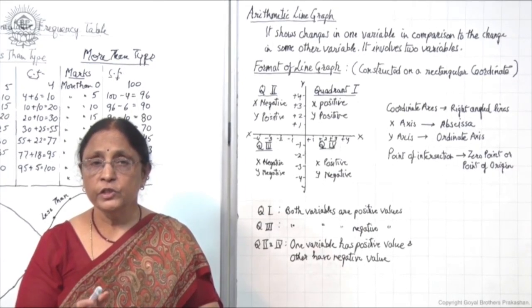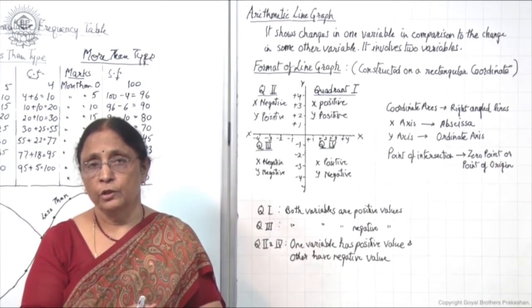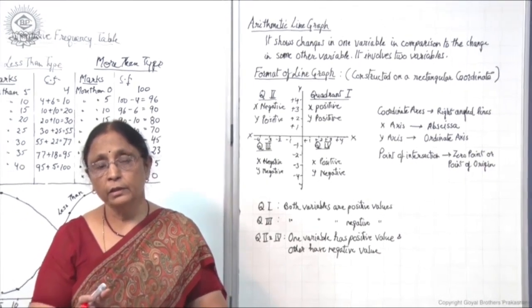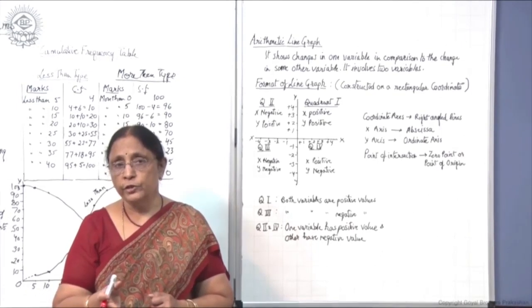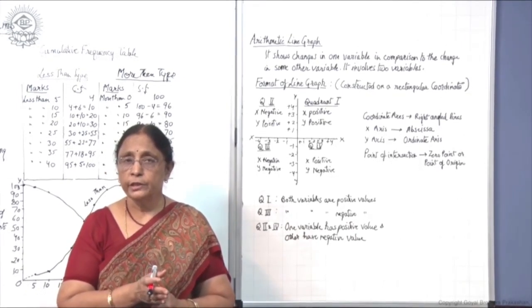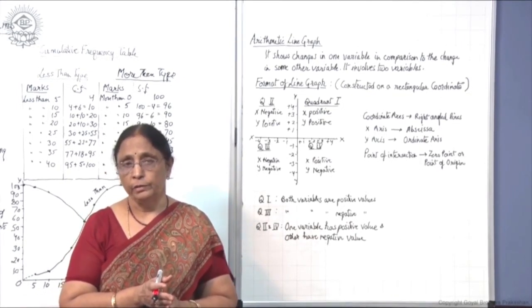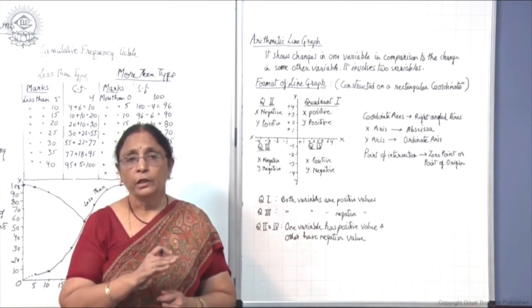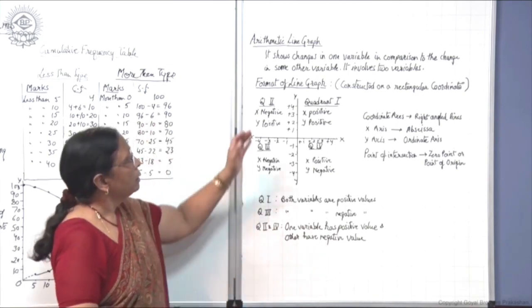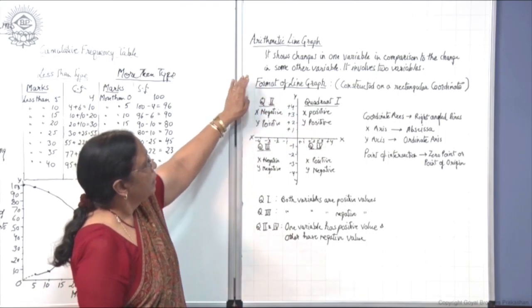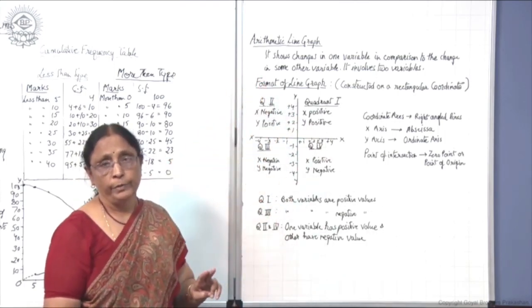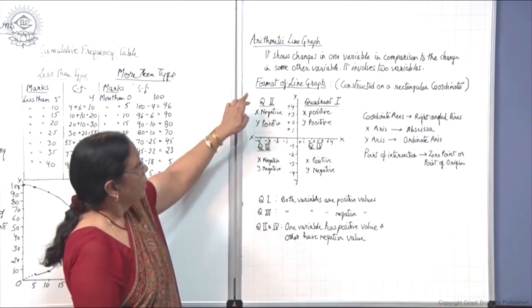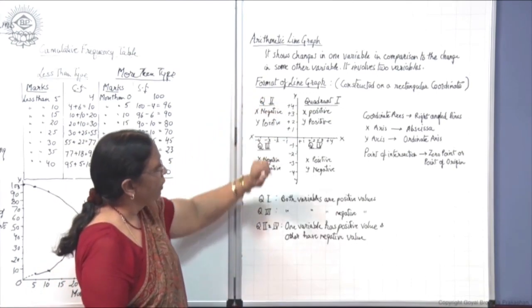Demand is changing due to change in price, so demand is the dependent variable, and as price is responsible for change in demand, price is considered the independent variable. So in this way the two variables are used in comparison, and this arithmetic line graph involves two variables to show the comparison. Now we first see the format of the line graph.